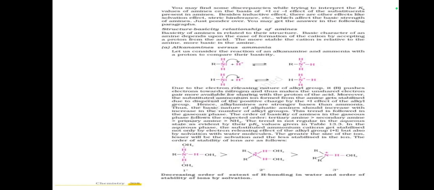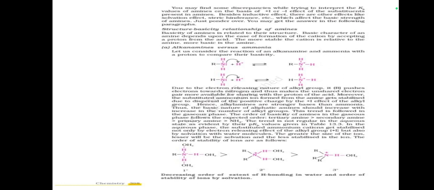In the aqueous phase, the substituted ammonium cations get stabilized by solvation with water molecules. The greater the size of the ion, the lesser will be the solvation and the less stabilized is the ion.